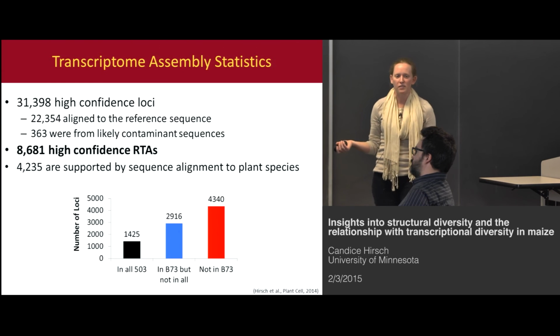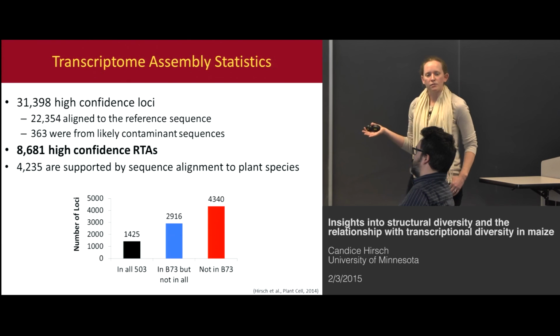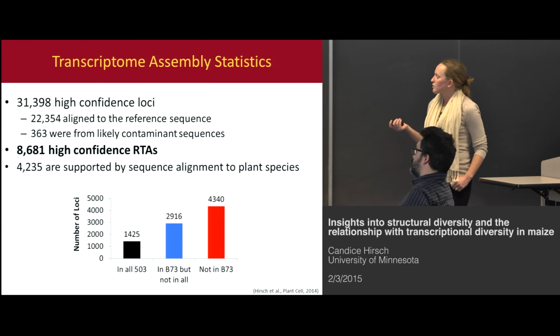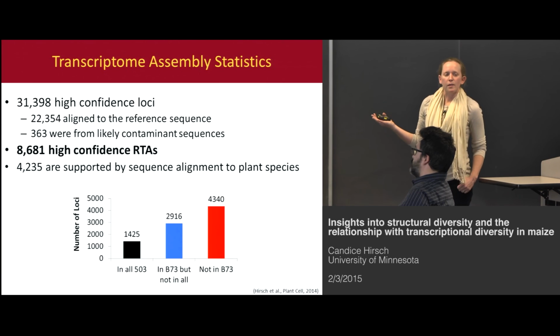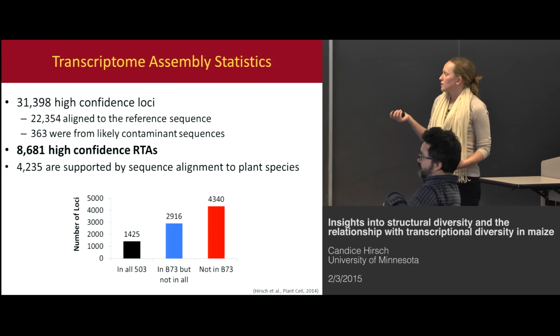It doesn't have all of the B73 sequence in it. We found another 3,000 that were showing presence-absence variation among the 503 lines, but were also present in B73. And then about half of them were truly absent in B73. They had no sequence support for being in there, and they showed presence-absence variation among these individuals.